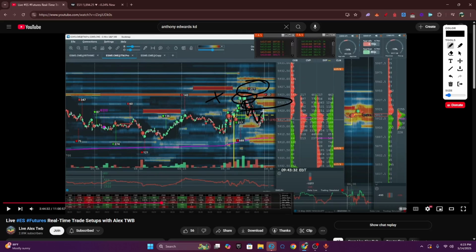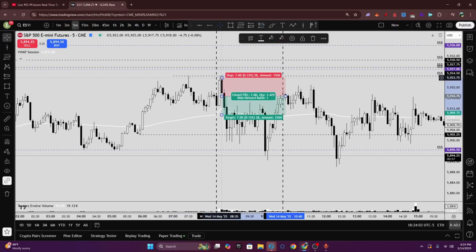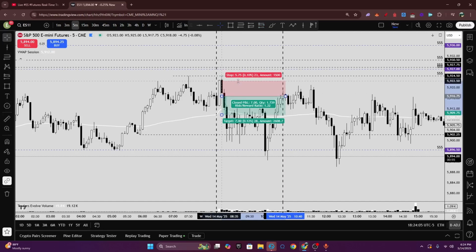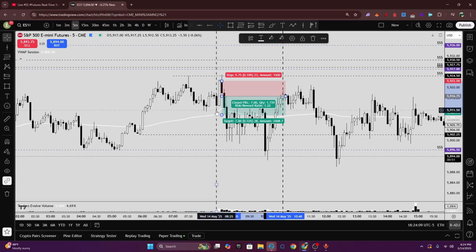So right when you saw this barrier introduction, you likely could have shorted with a stop over 5922. Let's go ahead and see the results of that. Entry would be 5917 as a late entry. Stop over 5922, 5922.5 estimately.